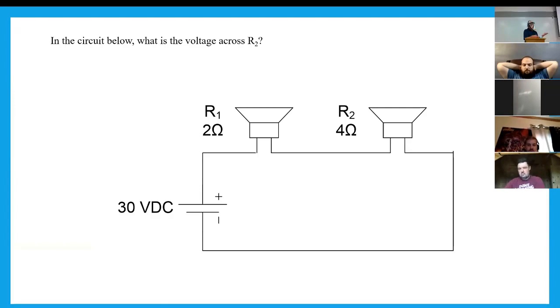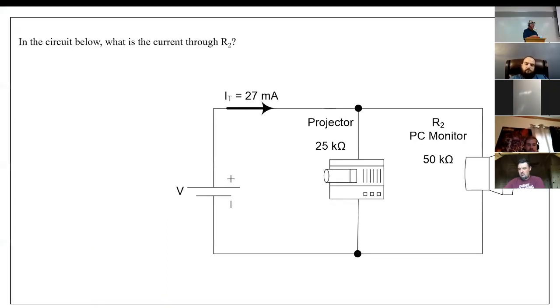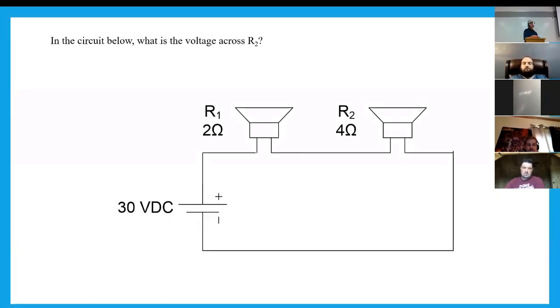And again, if you come back next week and say you couldn't figure that out, I'll help you through it, unless you've got an answer right now. What's the voltage across R2? Should be 10 volts. No, R2 should be 20.